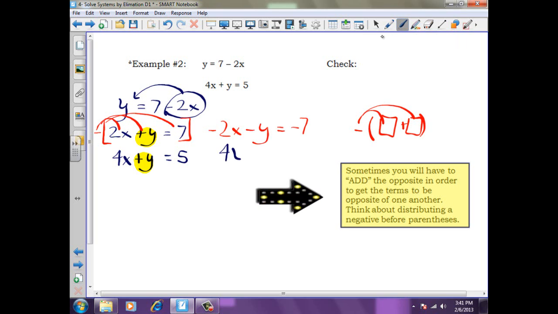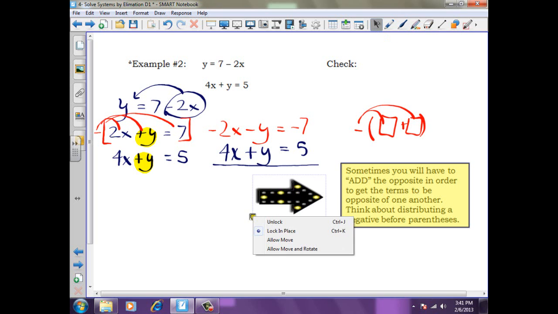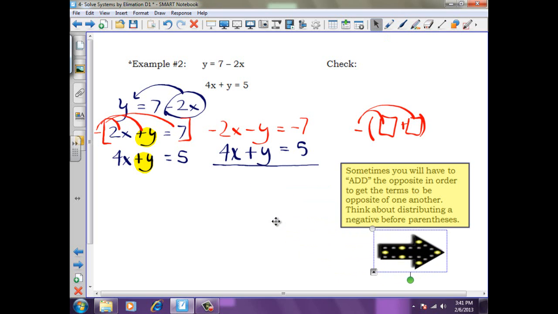And I'm just sliding over my other equation, and I'm going to add those together. When I add these two together, my y's drop out, and I wind up with 2x equaling negative 2. Solving for x is going to equal negative 1.